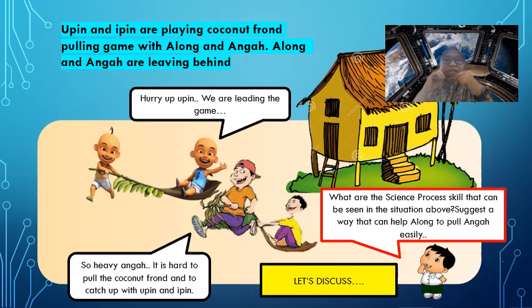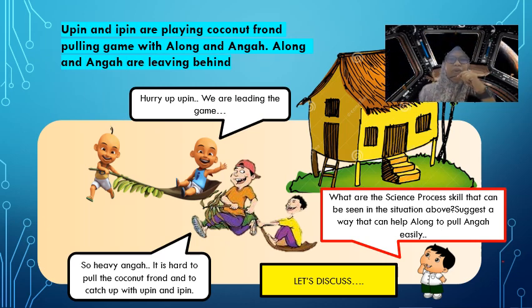Okay, now as we can see, this is the picture of Upin, Ipin, Angah and Along, playing the coconut frond pulling game together. As you can see, Upin and Ipin are leading the match while Angah and Along are left behind.